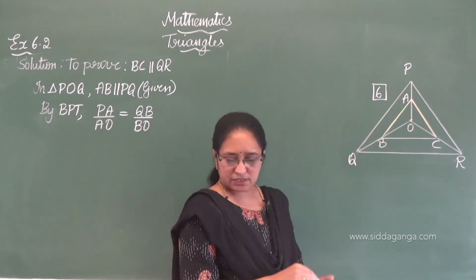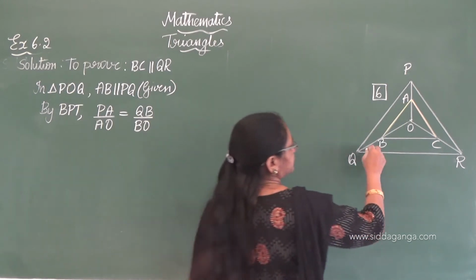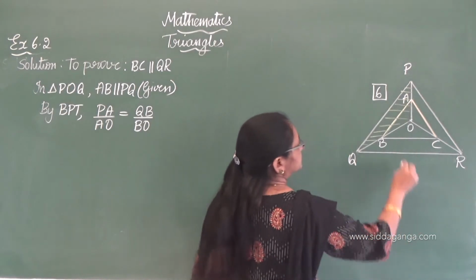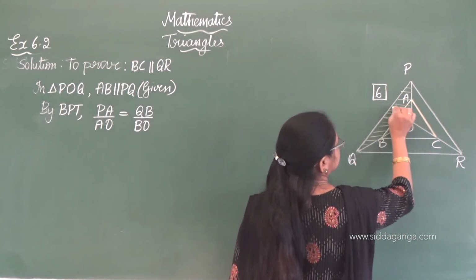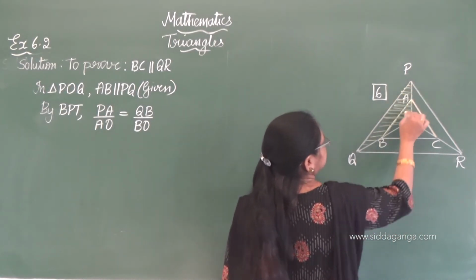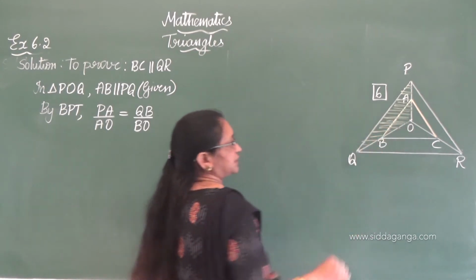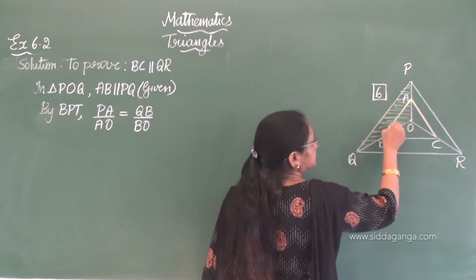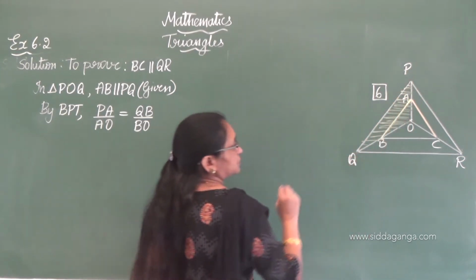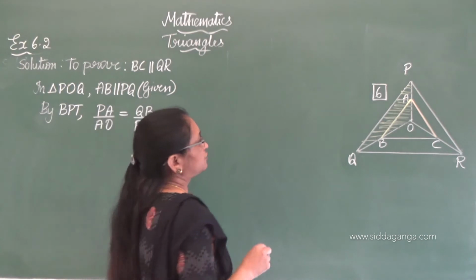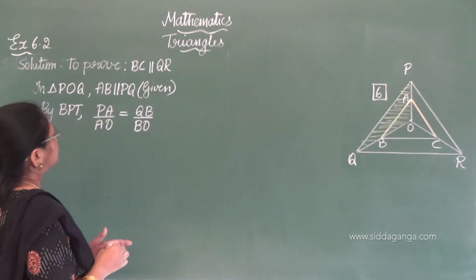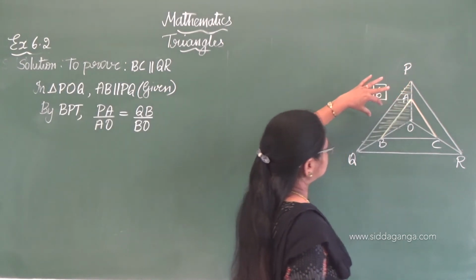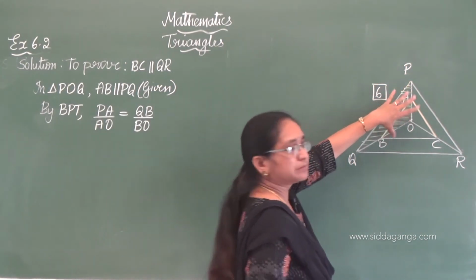So which triangle am I taking? This triangle which I have shaded. In this triangle, AB is parallel to PQ. Therefore, I can say that PA by AO is equal to QB by BO.